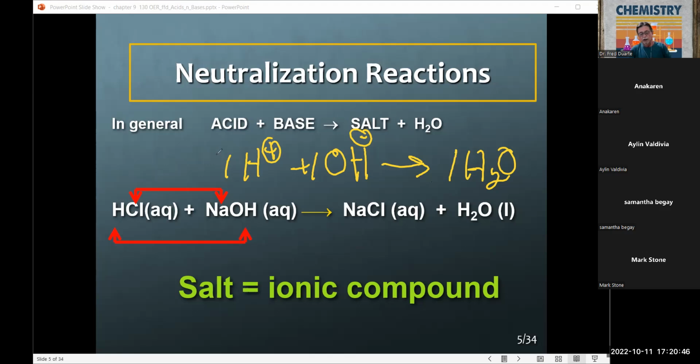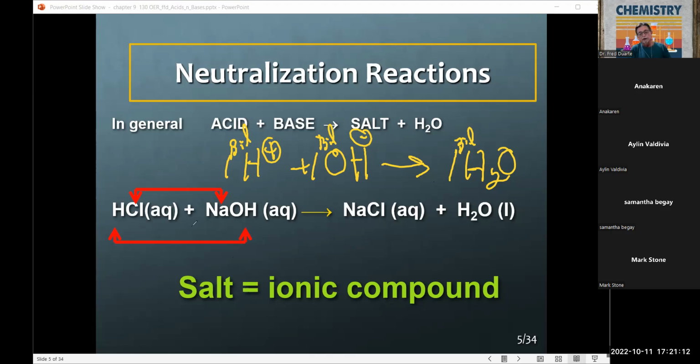Okay. 1 billion protons require 1 billion hydroxides to give me 1 billion molecules of water. That is what we call a stoichiometric relationship. It's a 1-to-1.